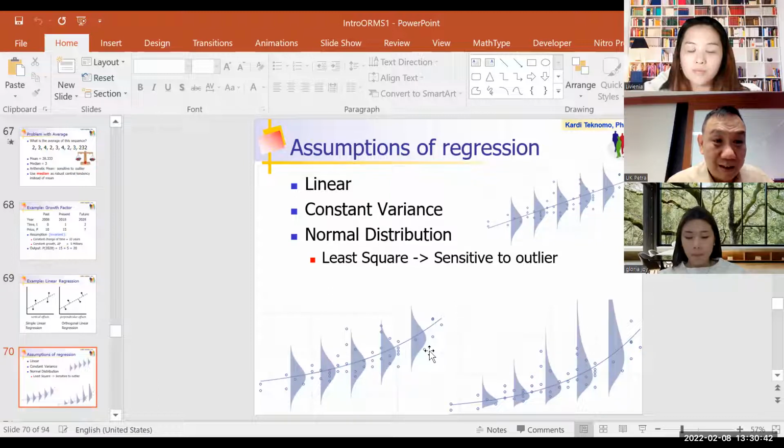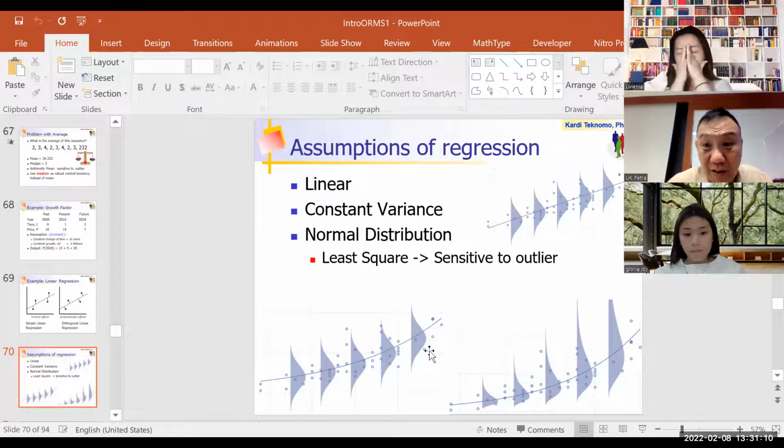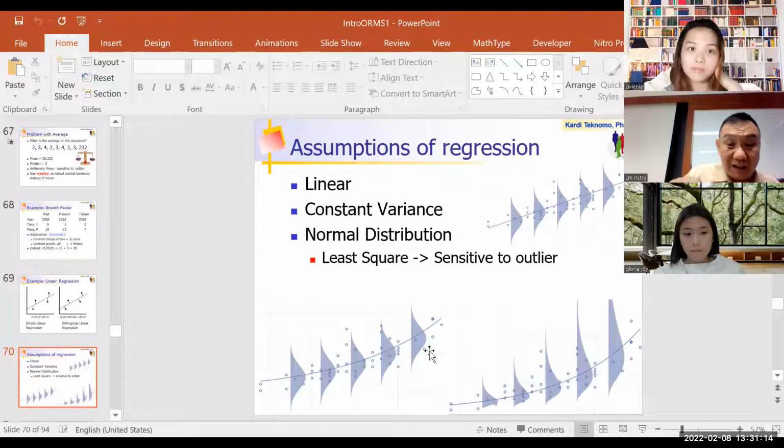The same thing with regression here. It is assumed to be linear. If your model is not linear, like down left here, then you cannot use linear regression. You must use nonlinear regression. The second assumption is constant variance. In linear regression, they assume the variance must be constant. How about on the right side here?